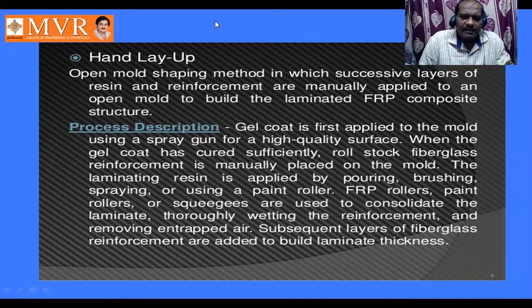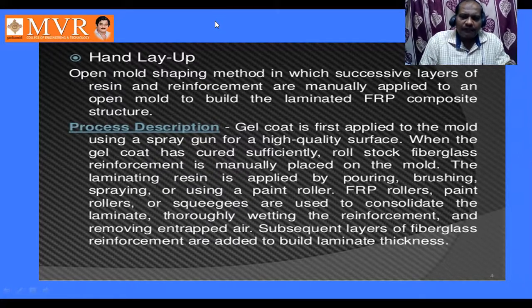The laminating resin is applied by pouring, brushing, spraying or using a paint roller. That means whatever laminating resin we need is applied by pouring, brushing, spraying or using a paint roller. FRP rollers, paint rollers and squeegees are used to consolidate the laminate thoroughly, wetting the reinforcement.